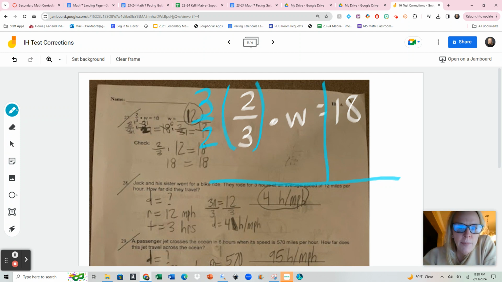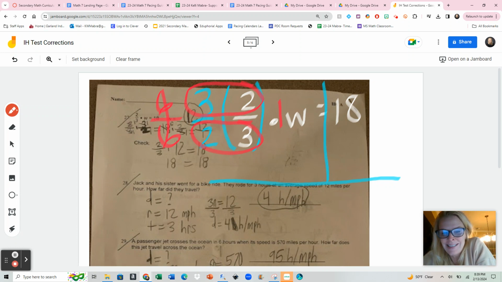When we multiply, 3 times 2 is 6, and when we multiply here, we get 6 again. Any number over itself is equal to 1, so that really means 1W. We have to multiply by the reciprocal to get the variable by itself.